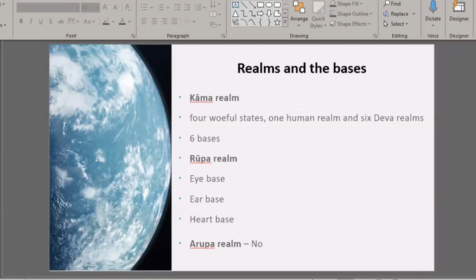We can find 2 reasons in the commentary literature. One thing is, nose base, tongue base, and body base are entirely for experiencing sensual pleasure.